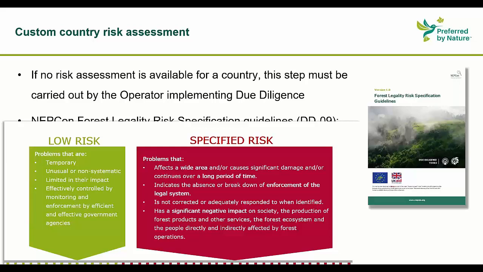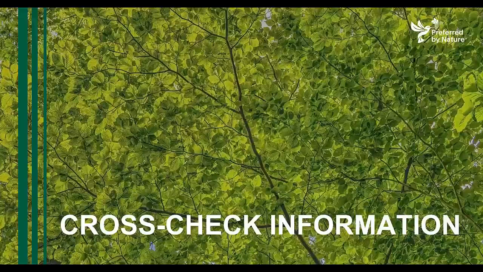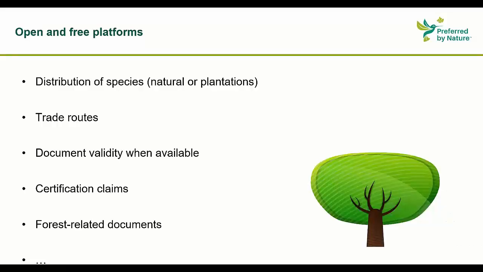Those were the risks at the forest level and at the trade level. But then we also want to see species risks and the validity of our information. Other sources to check supply chain documents or information could be species distribution websites.